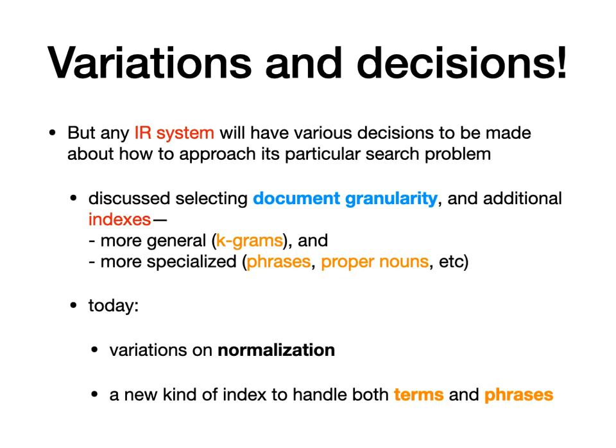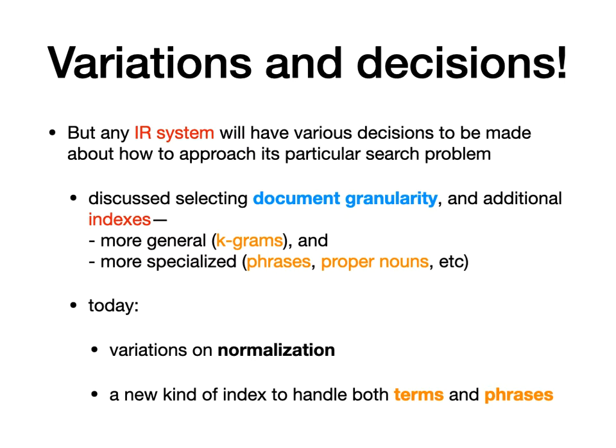And also some additional ways to index things that help you achieve different variations on search, right? So if you want more general searchability by exact lexical order of characters, you can use kgrams as tokens. Or if you want something a little bit more specialized, you could build phrase indexes where phrases are the tokens, or proper nouns where proper nouns are the tokens, that kind of thing.